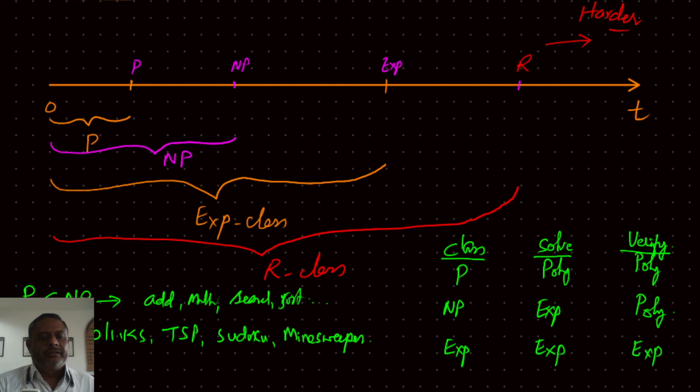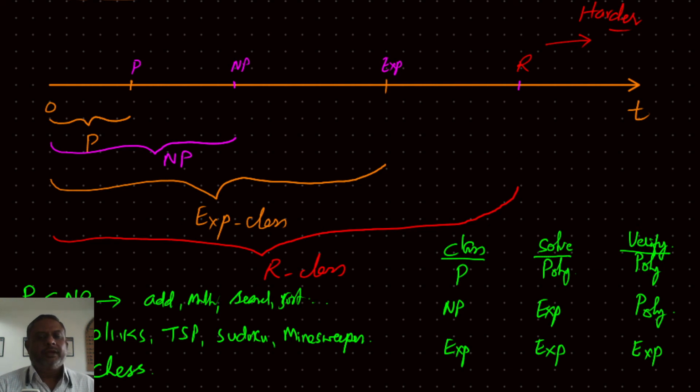Now exponential. In this, chess comes in. Why? Because to solve the problem we need exponential time, but after making a move, if somebody asks, is it the best move? We can't answer this question in polynomial time.